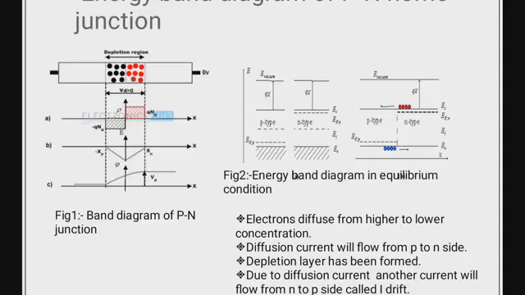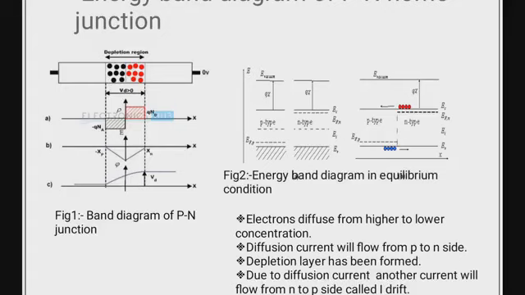When holes diffuse from the p to n side, they leave some negative immobile ions, and this movement or migration of charged particles forms a region which is called the depletion region.